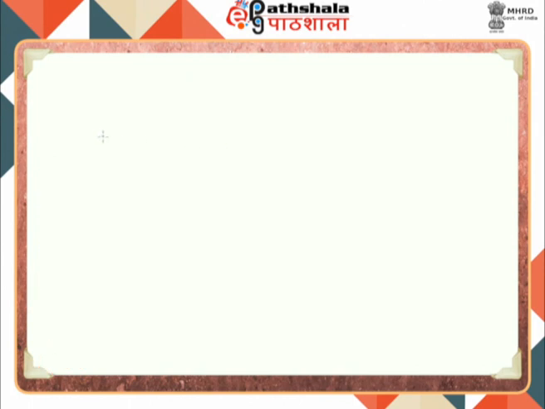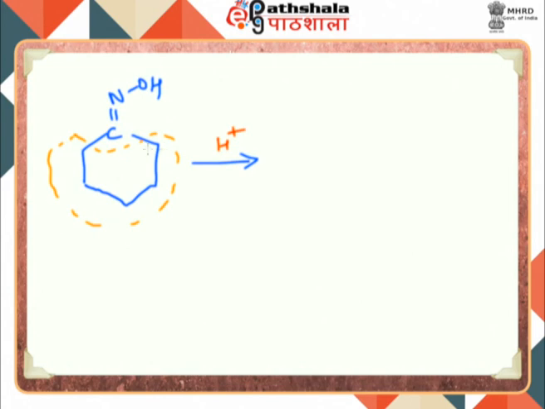And if this is applied to cyclic oximes, suppose we have this particular cyclohexanone oxime, and it is reacted with acid, it is interesting to note, you can clearly see that these are the 5 carbons as CH2 groups, and this one will be migrating on this side.